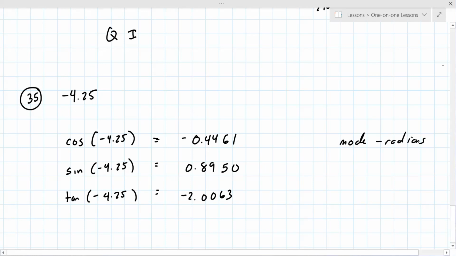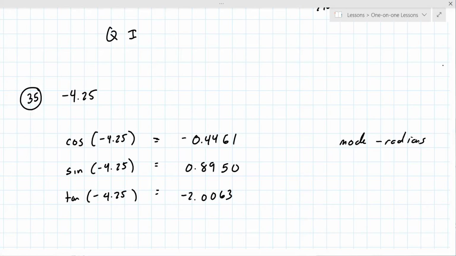Oh yeah, it's in degree right now. Now I can go back and put that in. Odd. I'll just use a regular calculator for now.